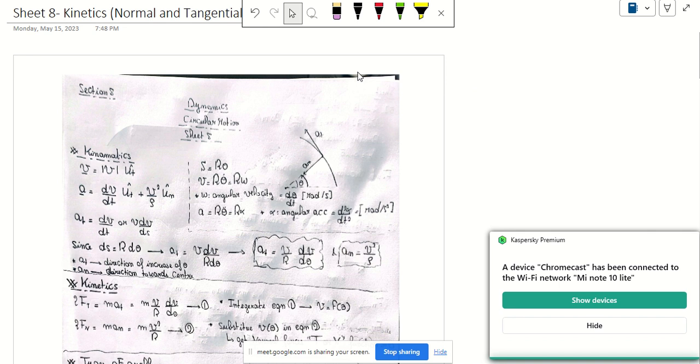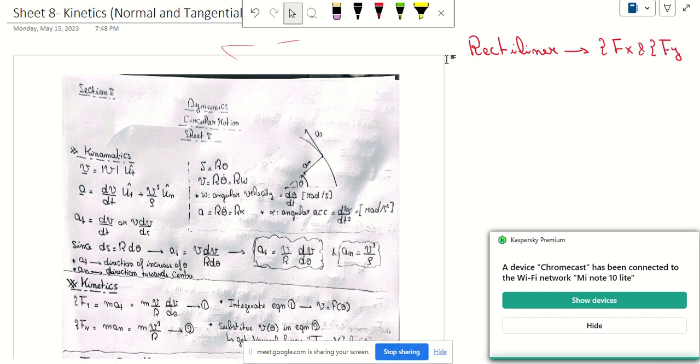When we were talking about the rectilinear motion last week, we defined, as we said before, two directions, and we studied the summation of forces in x and the summation of forces in y.